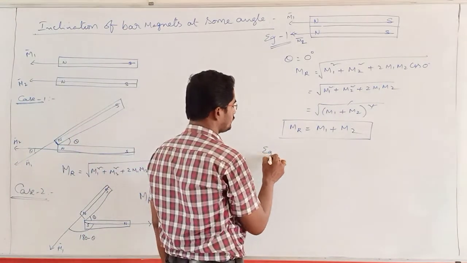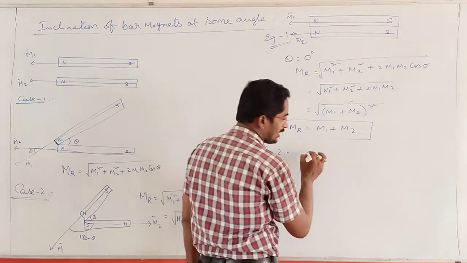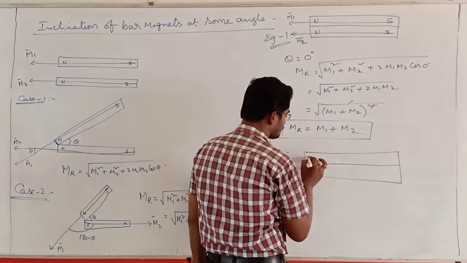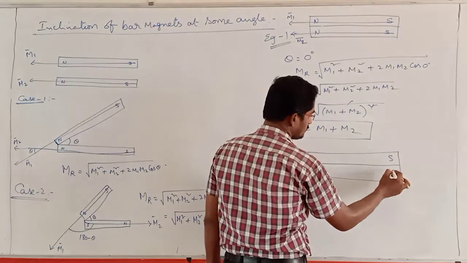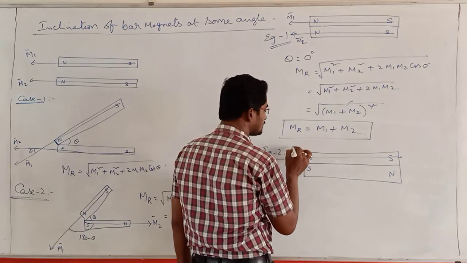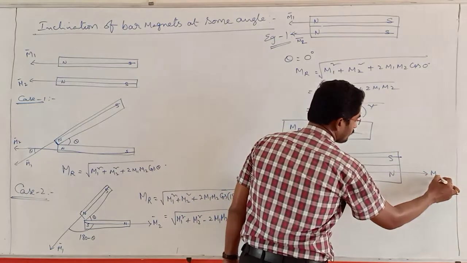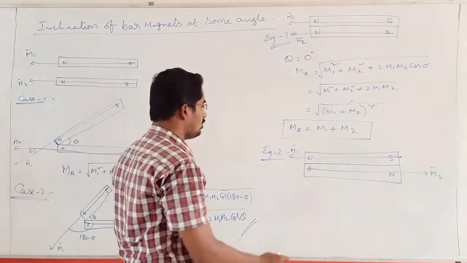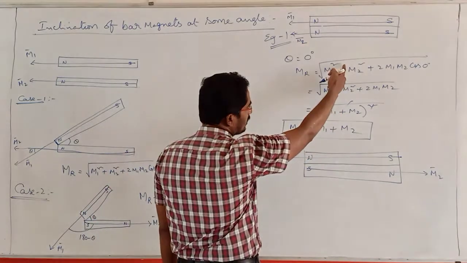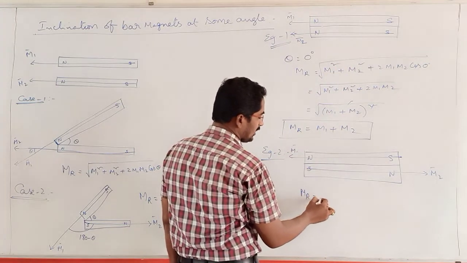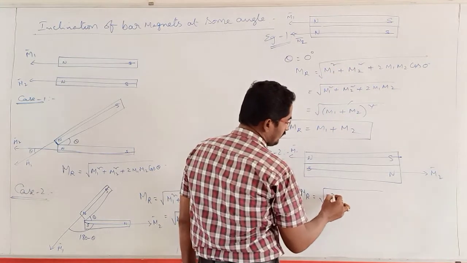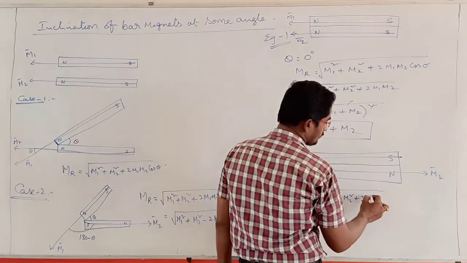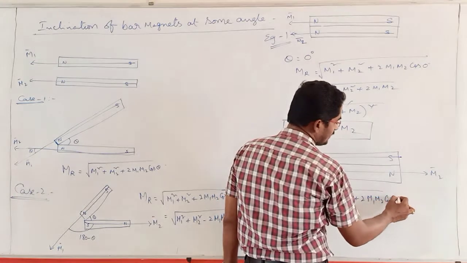Next example. If two magnets are inclined at 180 degrees, that means unlike poles are in contact. Its direction is m1 bar, its direction is m2 bar. Both are inclined at 180 degrees. If you substitute in this formula, the resultant magnetic moment equals root over m1 square plus m2 square plus 2m1 m2 cos 180.